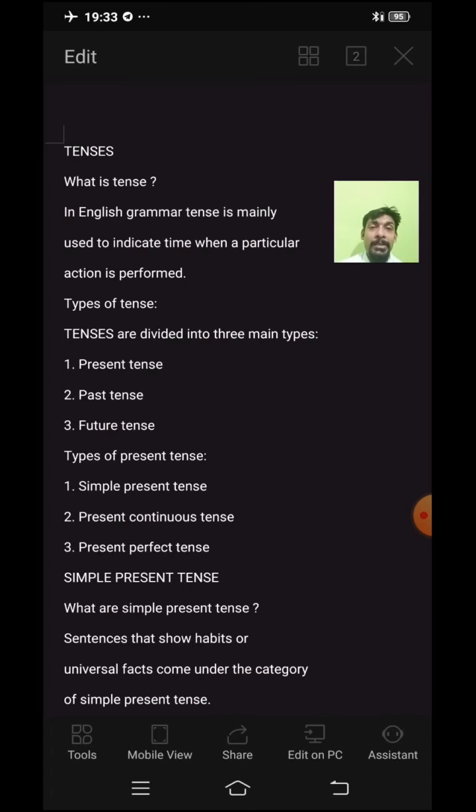In this chapter, the most important thing that we need to understand is the structure, how we can understand a particular sentence as simple present tense. This is very important. This is the most important part of this video lecture.